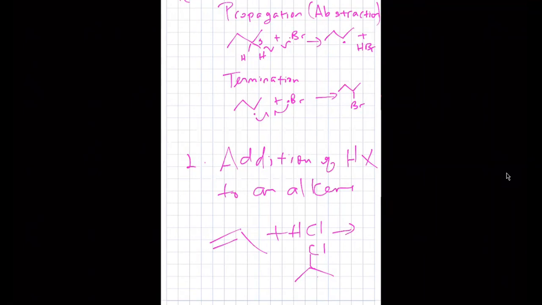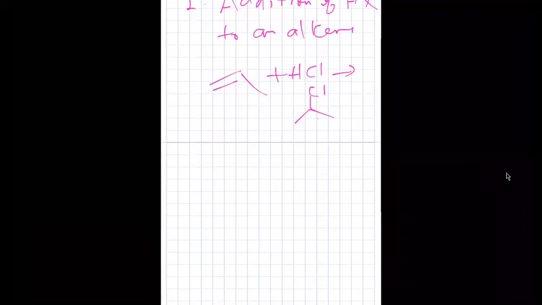The method that we're going to talk about today kind of pulls on radical substitution, but it's a little bit different starting material. We're going to learn a couple of these methods.